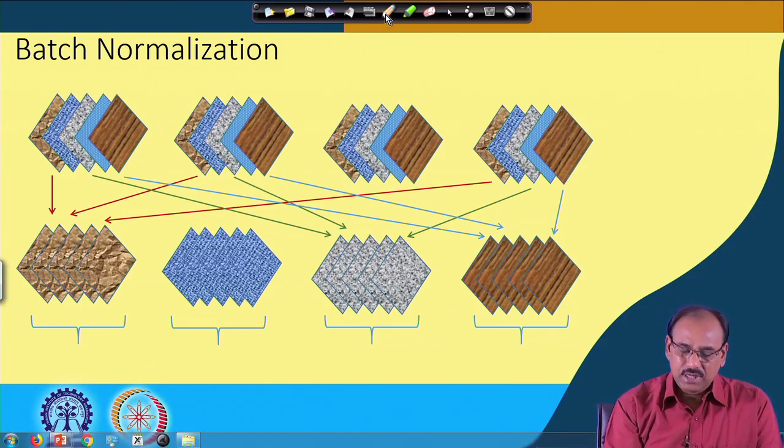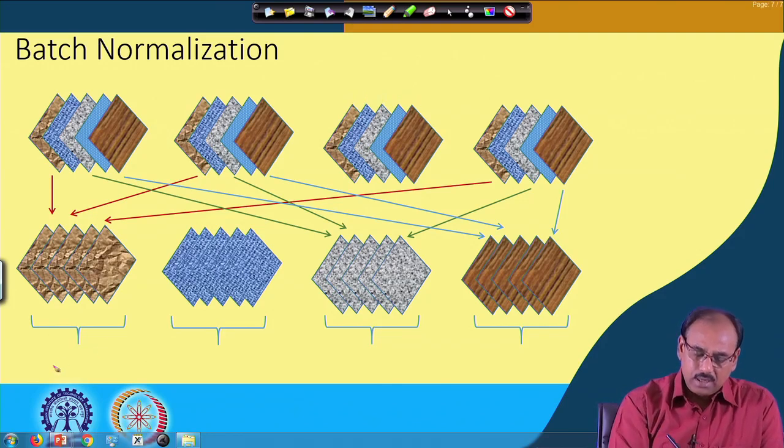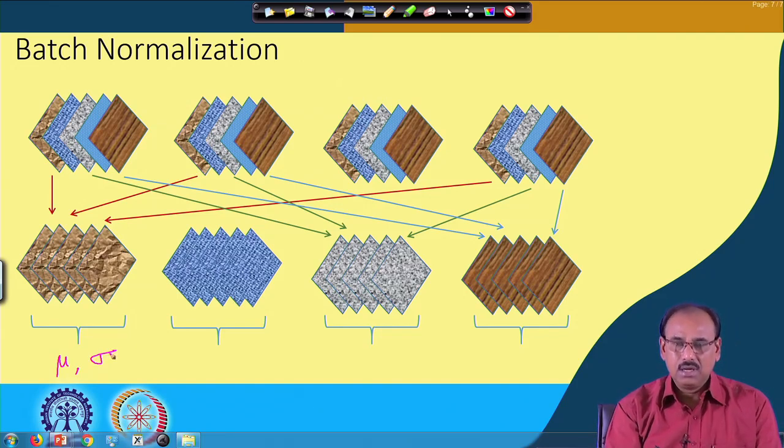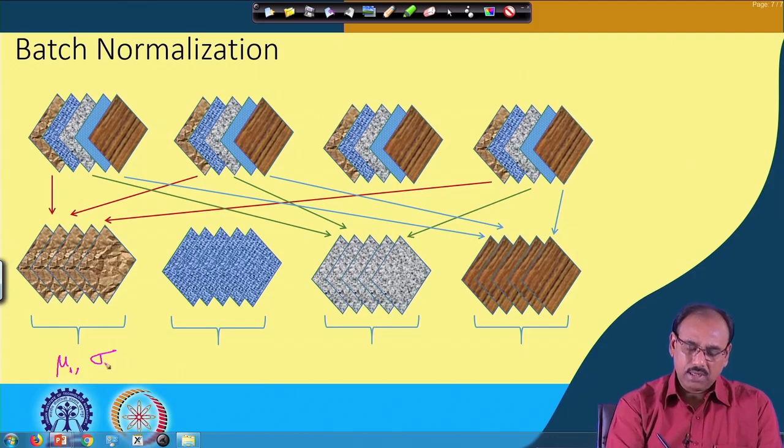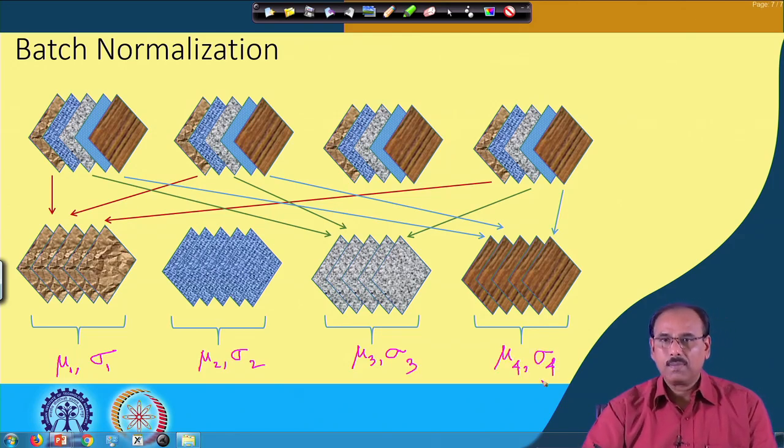And once you have this grouping, for every group you compute the mean and the standard deviation or variance. So having this as channel 1, this will give you mu 1 and sigma 1. If this is the output from channel 2, I will get mu 2 and sigma 2. From here I will get mu 3, sigma 3. Here I will get mu 4, sigma 4, and so on.